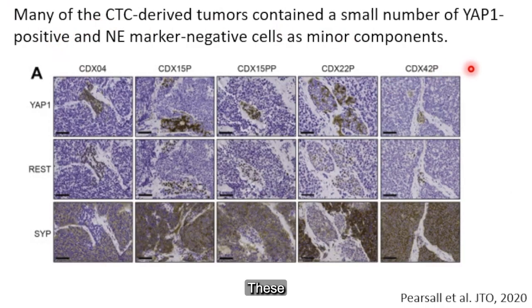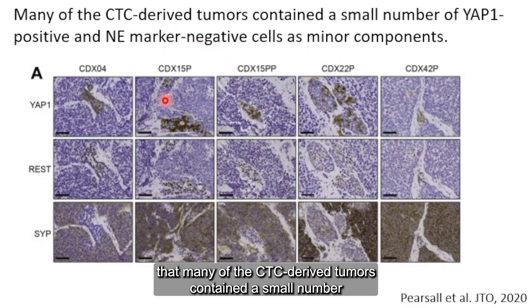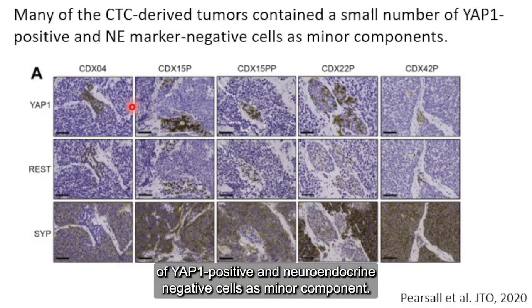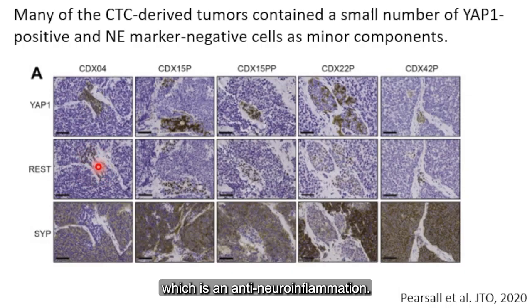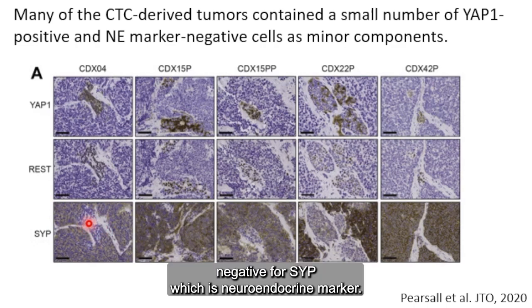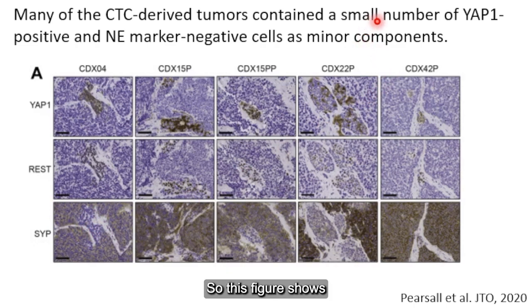These figures by Pareja show that many of the CTC-derived tumors contain a small number of YAP1 positive and neuroendocrine marker negative cells as minor components. So this part shows the YAP1 positive cells, and they are negative for synaptophysin, which is a neuroendocrine marker.